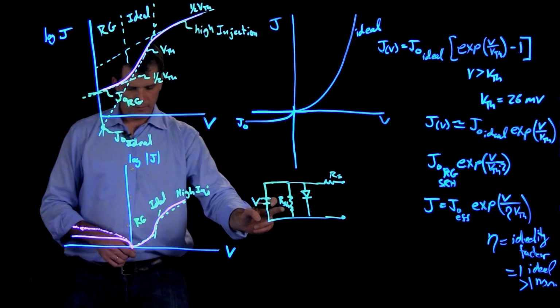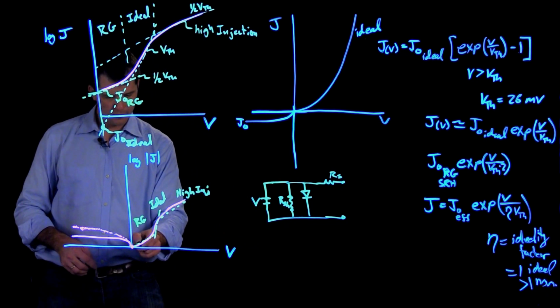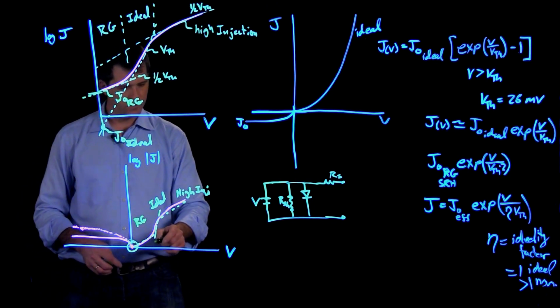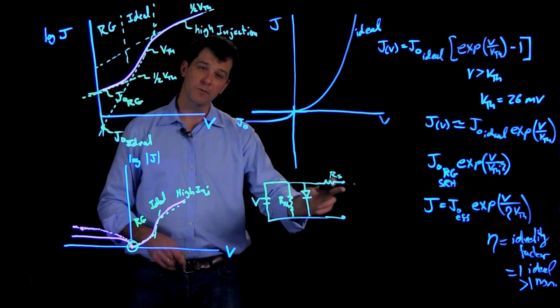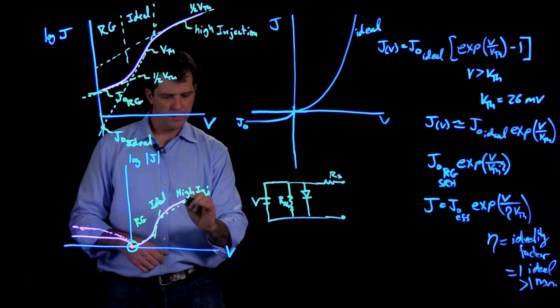The effect of our shunts will change the slope near the origin here. The effect of our series will be to sort of choke the current at high biases.